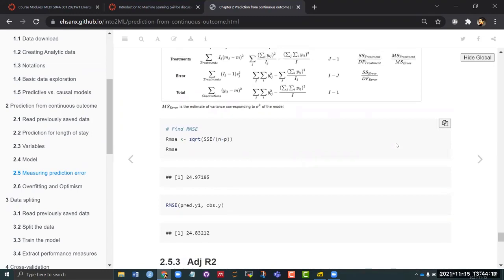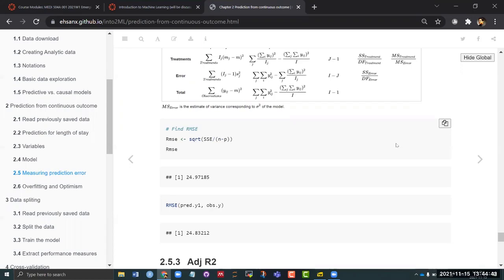In this, 0 can be the minimum, and the maximum can be infinite. So the range is slightly different here than R-square. You can see that 24 is the value we are getting out of the root mean squared error. The problem with root mean squared error is that we do not know the upper bound, it's infinite, right?